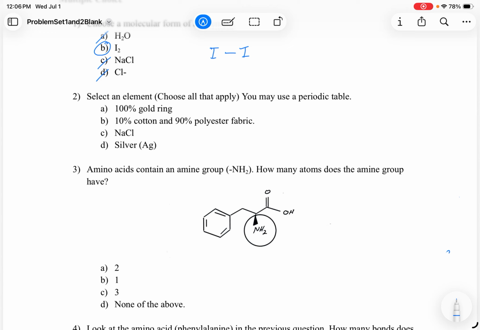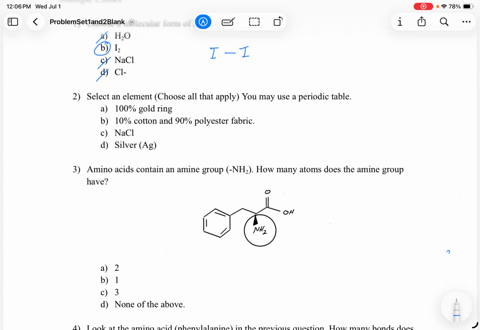Select an element. Choose all that apply. You may use a periodic table. So I'm not going to use a periodic table, and we are going to basically choose an element, and I'm going to have more than one choice, right? So 100% gold ring.